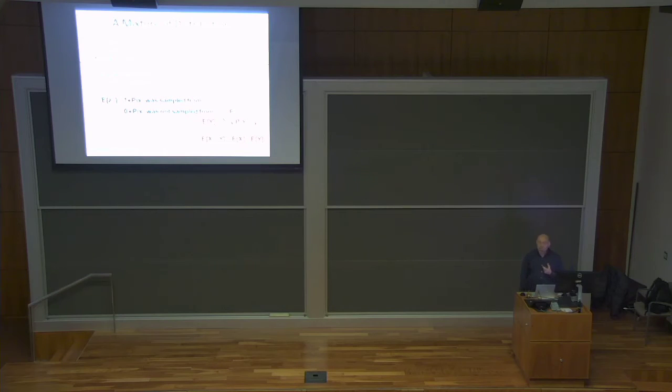Zij are going to be Boolean variables. Zij is 1 if xi came from the jth cluster. Otherwise, it's 0. Okay? So one of them is 1. All the rest are 0, basically.